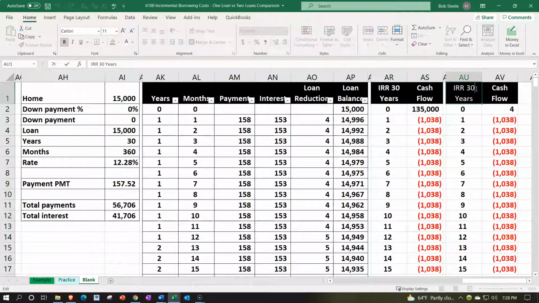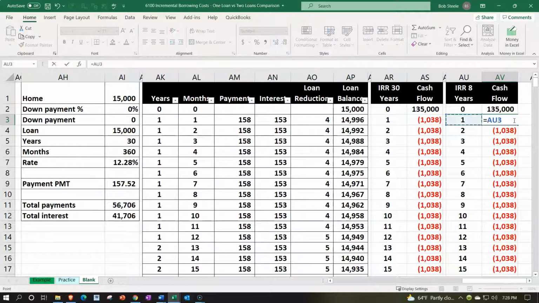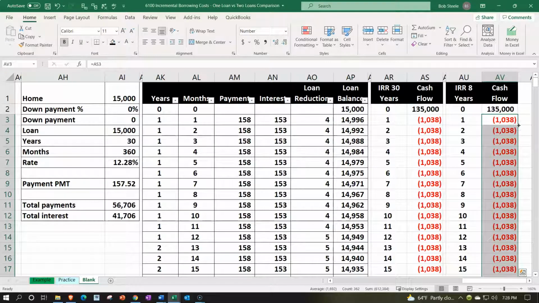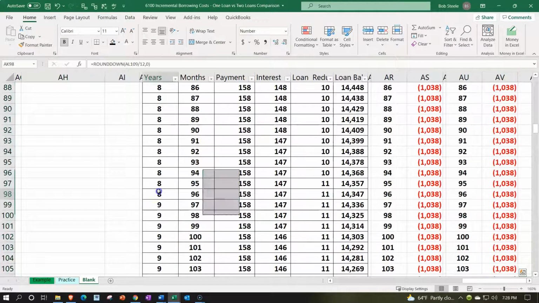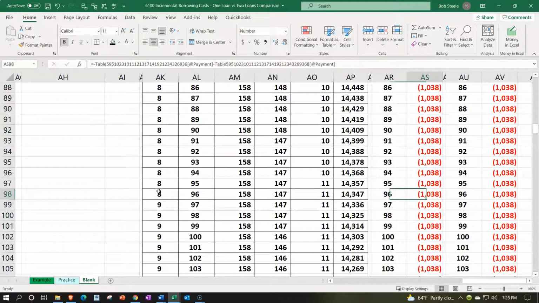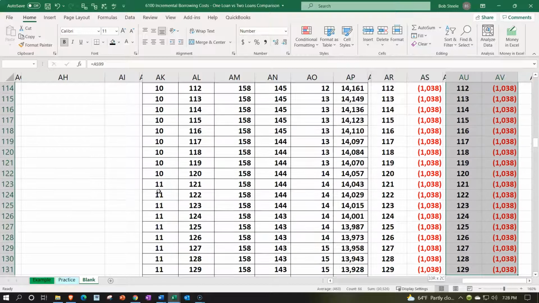And so now the IRR for 8 years, it's going to be the same. So the 135, I'm going to say this is going to be equal to the payment. I'm going to copy that all the way down, except I'm going to stop after 8 years, which I can see over here in the years column. 8 years stops right there. So everything under that we're going to remove because that's after 8 years.